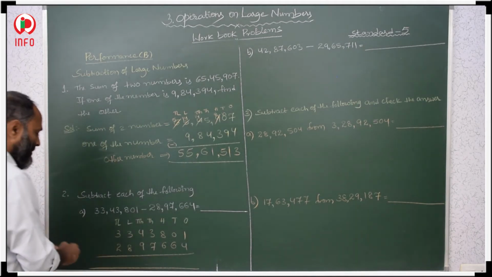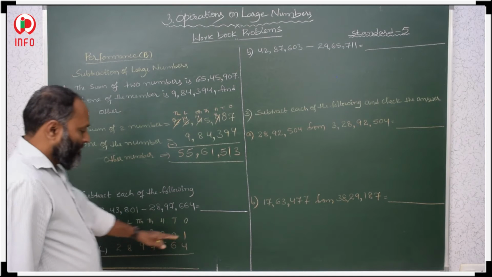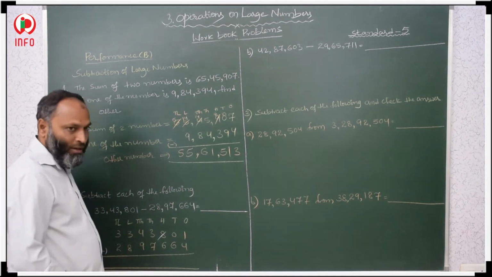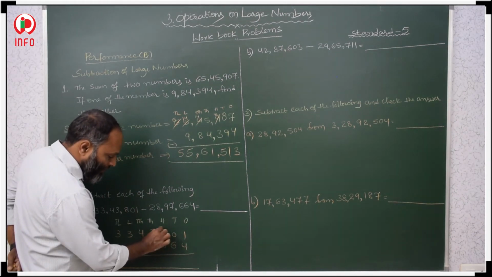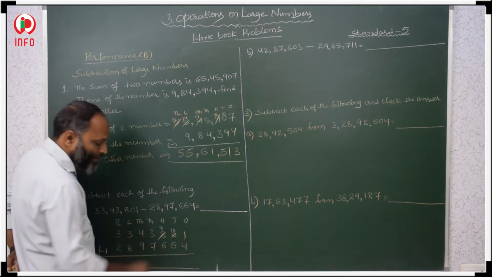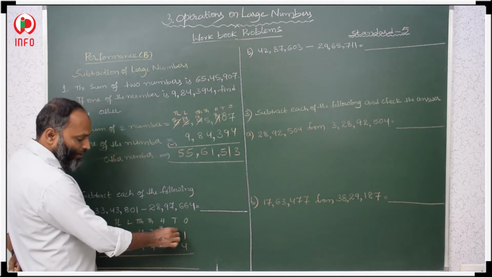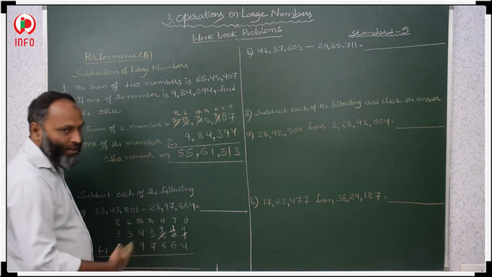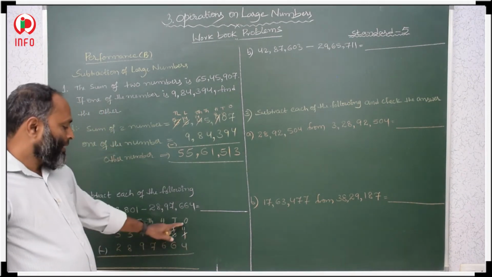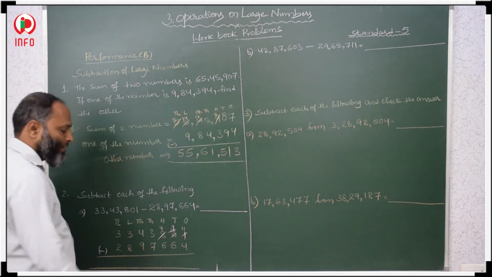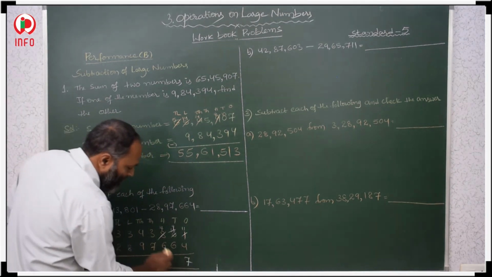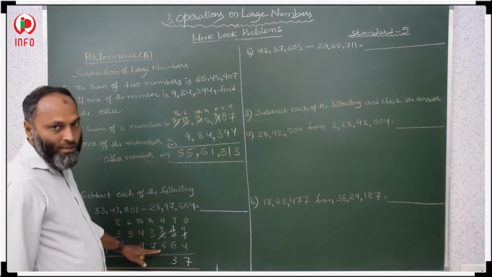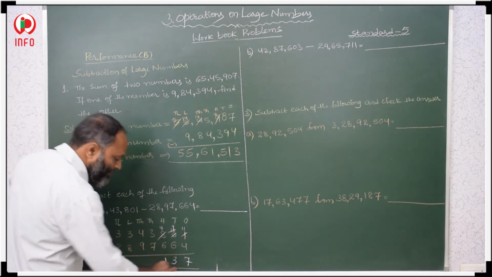Now minus. 1 minus 4, it's not possible. Here 0 is there, take borrow from here, it will decrease by 1, it means 7. It will increase by 10, 0 means 10. Again from here we have to take borrow, it will decrease by 1, it will increase by 10. 1 is there, 1 plus 10, 11. 11 minus 4 is 7. 9 minus 6, 3. 7 minus 6, these are consecutive numbers, so the difference is 1.